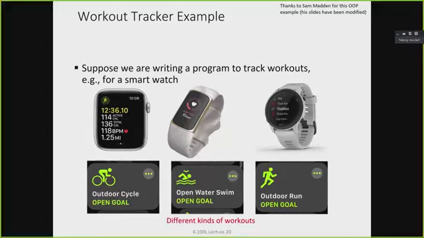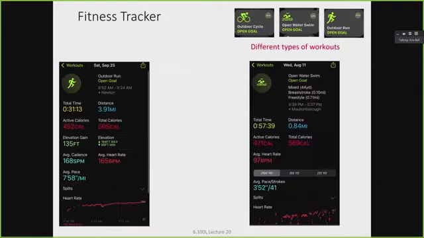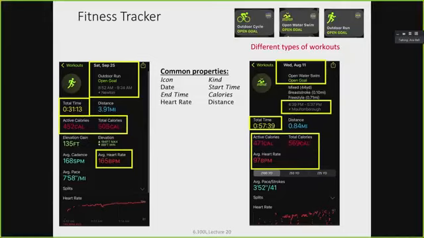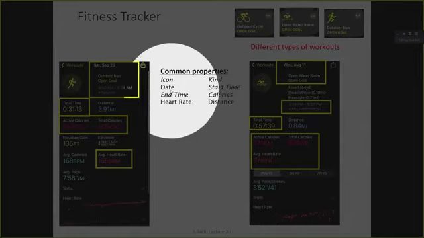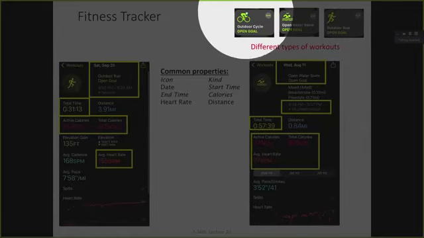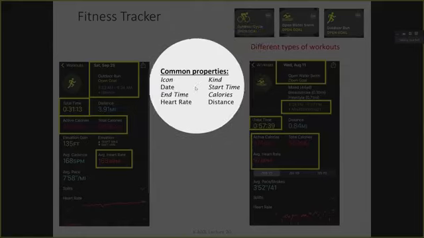But really, at the core of all these workouts, if we think about the information related to just a very generic workout, not a running or swimming-specific one or a biking one, just a generic workout, there are some common properties that all of these workouts have, right? So I've listed them here. A workout might have an icon associated with it, whatever it may be, there is an icon property for a workout.